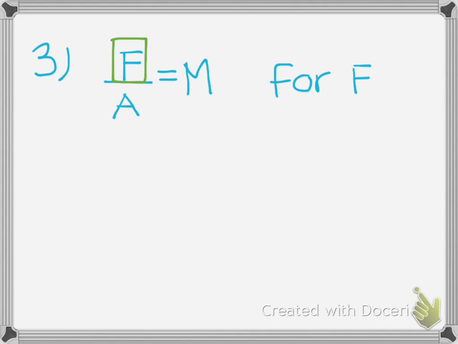So you need to ask yourself, what is A doing to F? Well, it's dividing F. To undo division, we need to multiply both sides by A. Well, this was a quick one, because our final answer is just F equal to M times A.